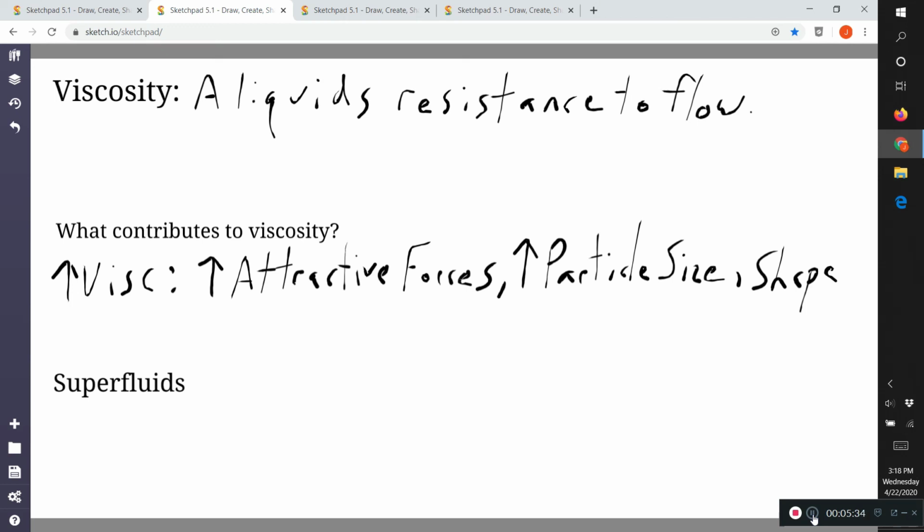This typically happens with very large molecules composed of a lot of different elements, like honey. Honey has a lot of different elements wrapped up in long chains of molecules, and that makes it so they don't flow as easily. Simpler molecules tend to flow easier.